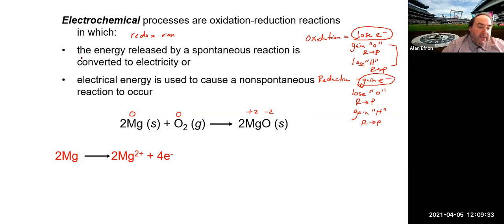Sometimes people remember this by OIL RIG: oxidizing is losing, reducing is gaining. Some people use LEO the lion goes GER: loss of electrons, oxidation; gaining of electrons, reduction. If you don't want to choose, just put Leo the lion on the oil rig. He'll go grr, and you don't have to choose. You could use them both, and you'll be fine.